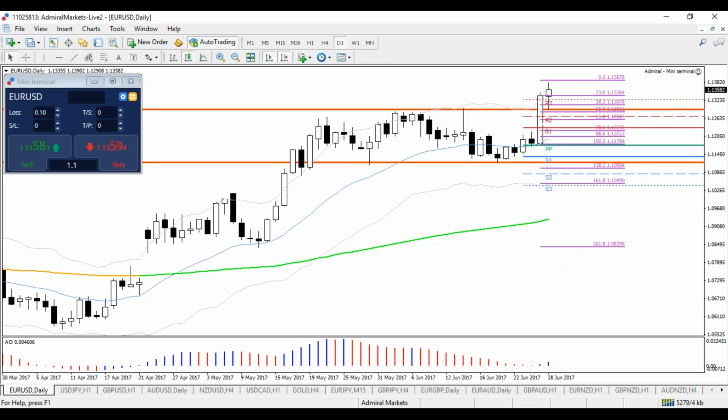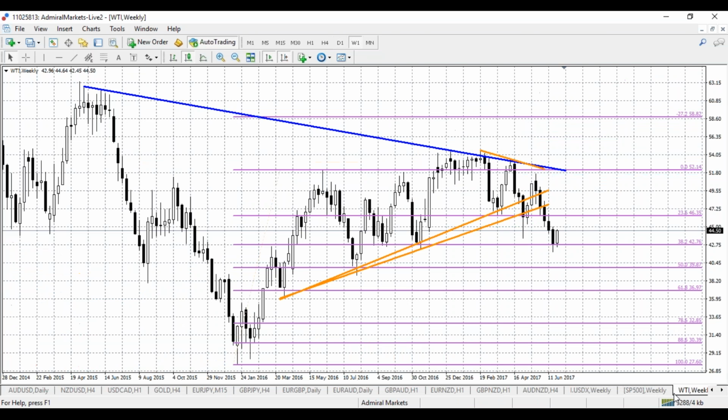Why do I see oil going down, not reversing? Let's take a look. Basically, it could be both, in fact. Let's take a look at this.